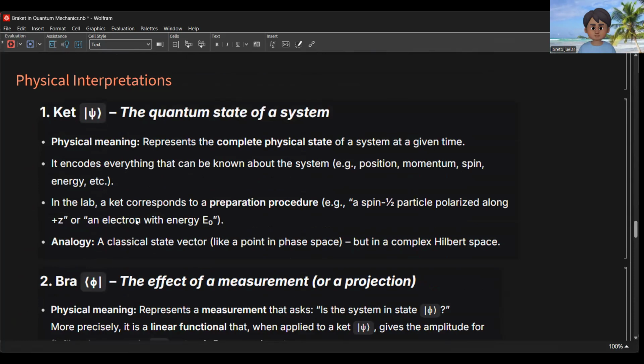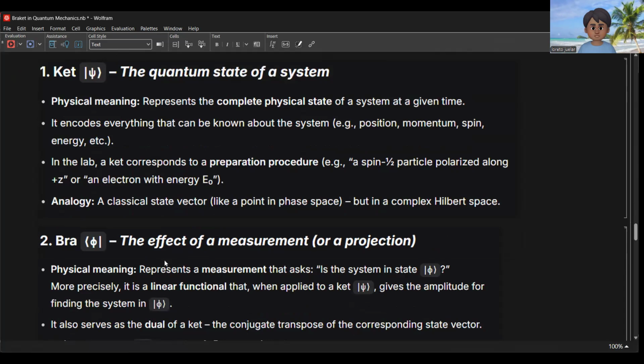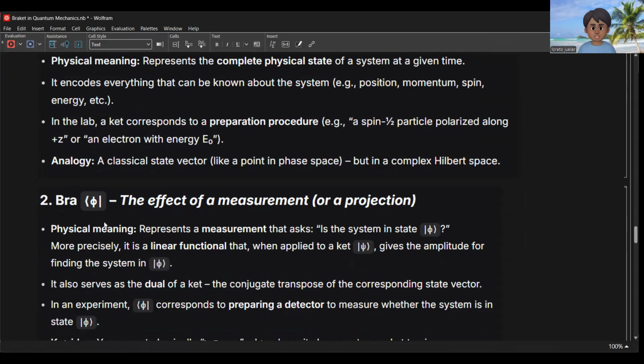In the lab, a ket corresponds to a preparation procedure, such as a spin one half particle polarized along Z, or an electron with energy of zero. So we have the analogy: a classical state vector is like a point in space, but here it is in complex Hilbert space. Now the bra: the effect of measurement or projection. Physically, it represents a measurement of the system against the state phi.